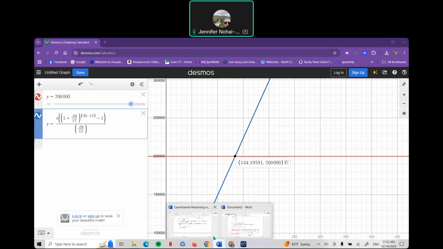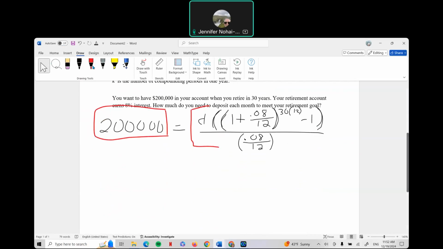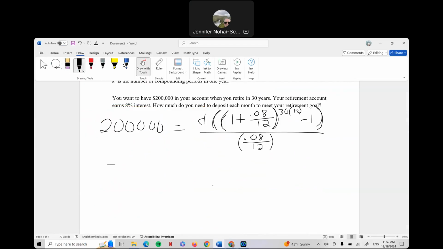So let's jump back over to here and write that down. So how much do you need to deposit? Let me erase some of this red. And write this down. 134.20. Remember, we're going to round it.